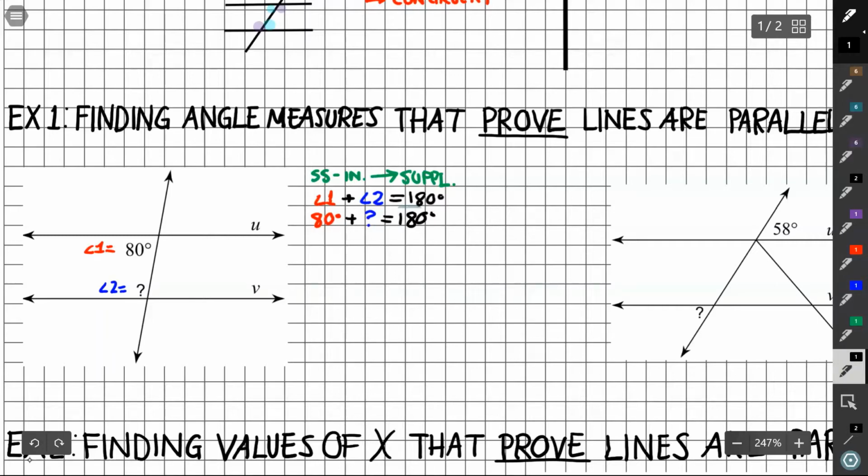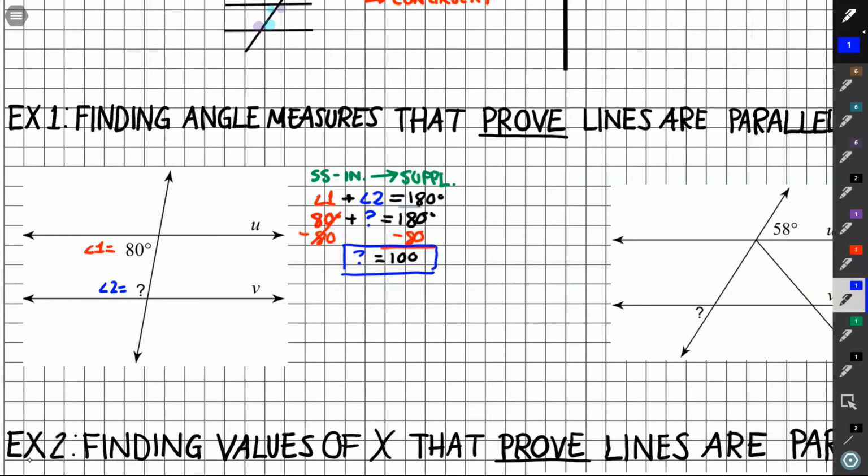All right, and now I'm going to solve for what that question mark is. 80 cancels. This gives me 100 equals question mark. All right, so what this statement means is that in order for U and V to be parallel, angle 2 has to measure 100 degrees.